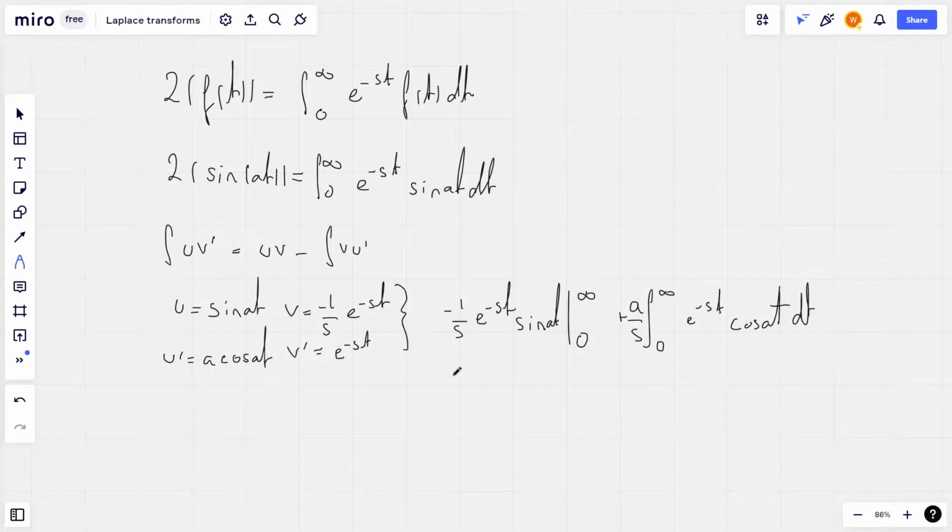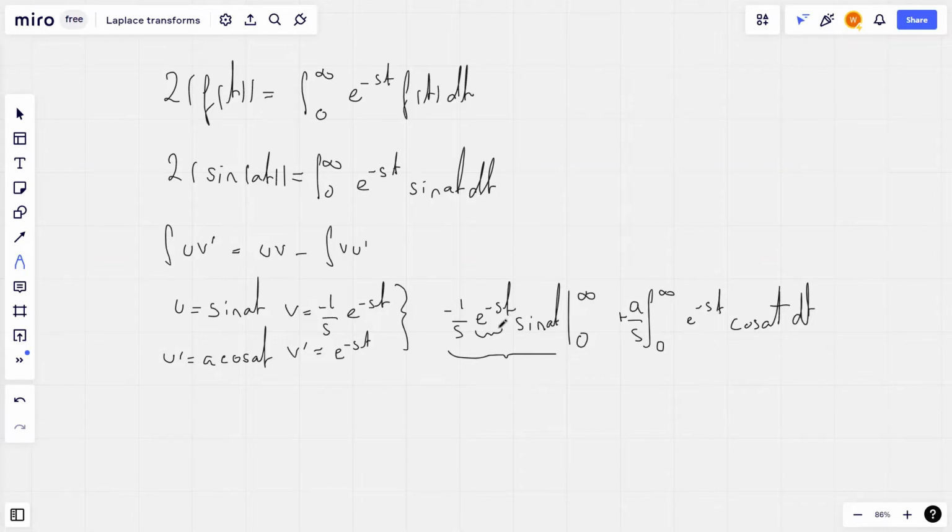dt. So if we want to evaluate this, we evaluate its limit as t tends to infinity and as t tends to 0. When t tends to infinity, we don't know what sine is; this diverges. However, we know that it would have taken a value between minus 1 and 1, whereas the exponential goes to 0.